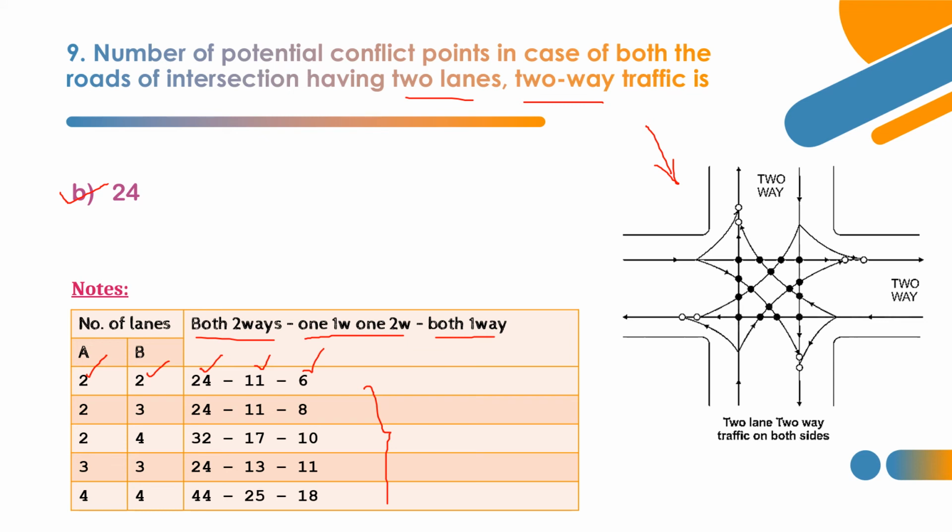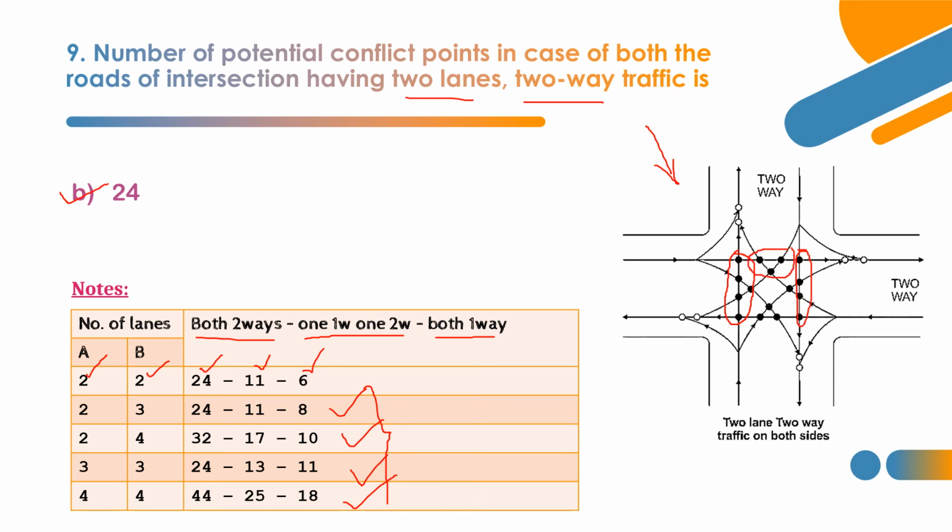Instead of mugging up those values, you can memorize them, or you can draw this diagram so that you will get the answer. For example, in this case, a two-lane two-way road. Here you can count 4 dots. Here also 4 dots. So 8.